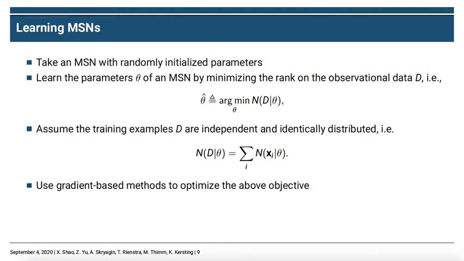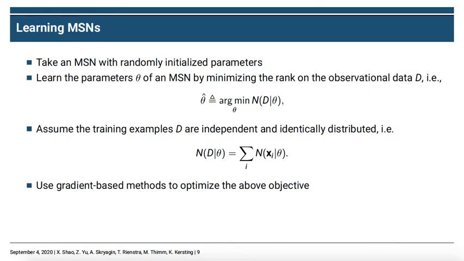So for those who don't know maximum likelihood estimation, it is a method of estimating the parameters of a probability distribution by maximizing the likelihood function so that under the assumed statistical model, the observed data is most probable.